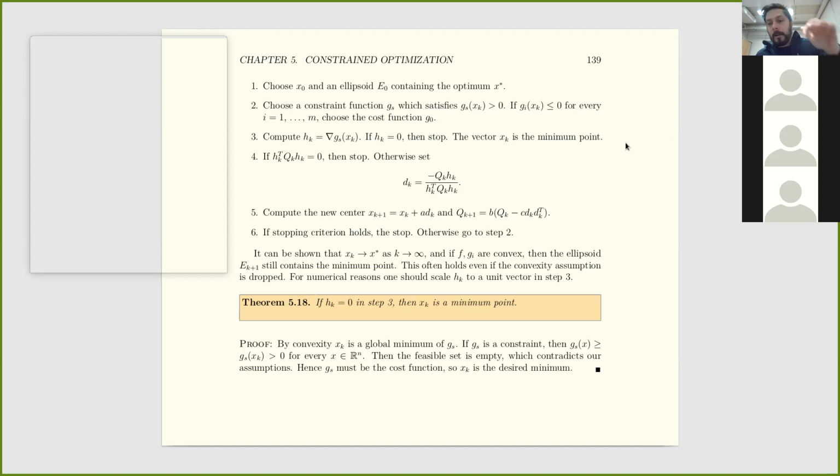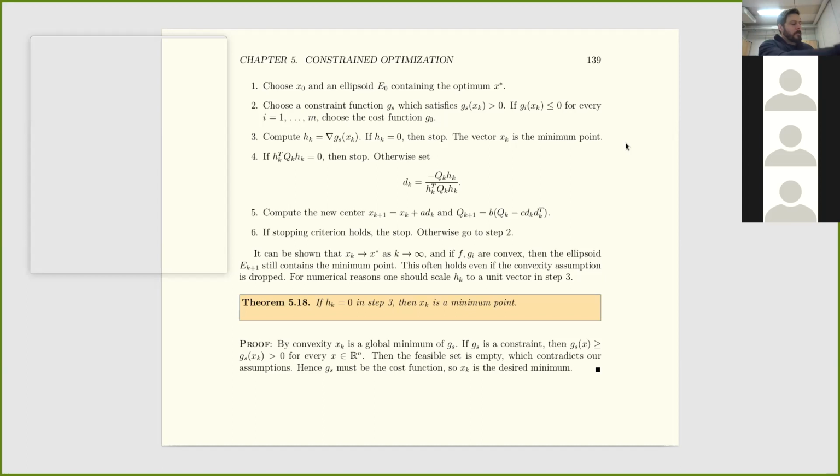So if we were violating a constraint, the constraint function was greater than 0 at this point. If its gradient is 0 at that point, then there are absolutely no feasible points anywhere, so we can stop anyways, right? Because if a constraint function that's supposed to be smaller than or equal to 0 is greater than 0 and its gradient is 0, there are no points where it's smaller than or equal to 0. So don't be misled by 3.